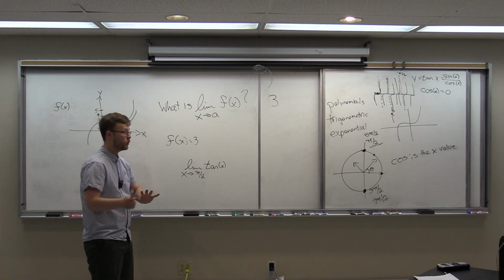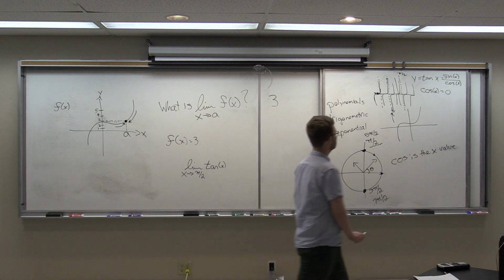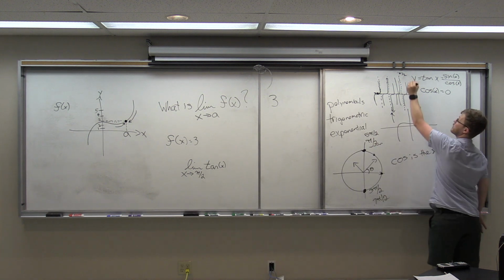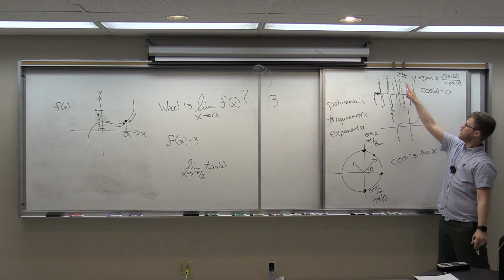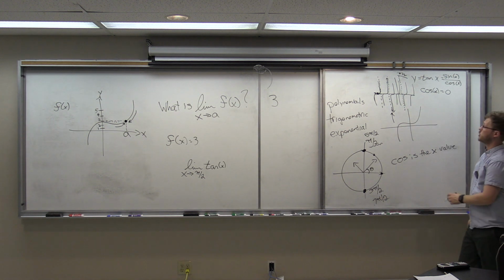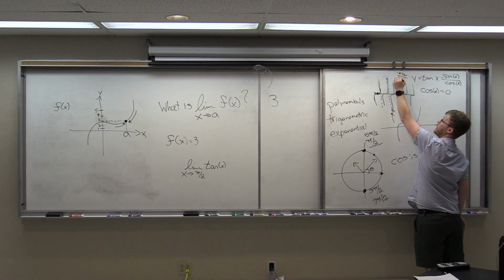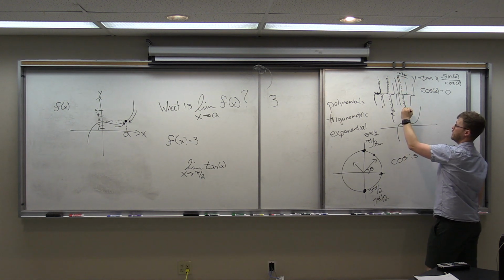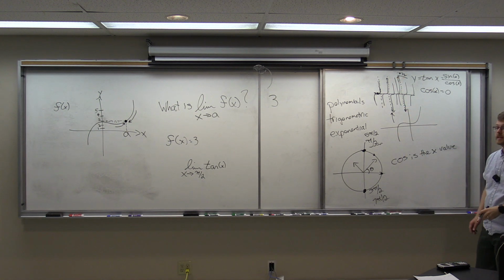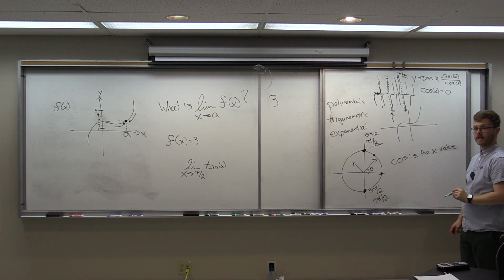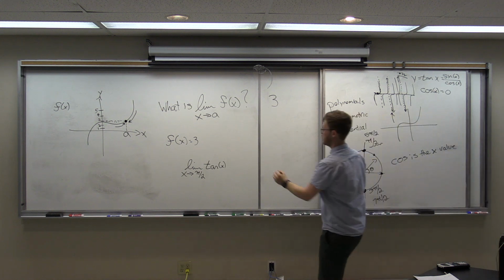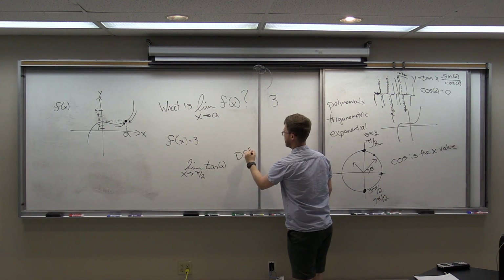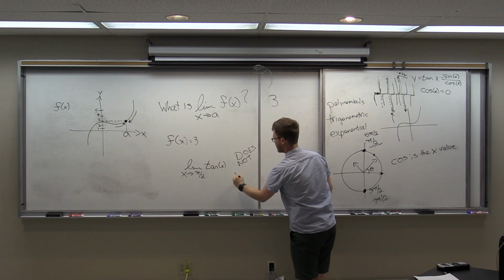You would look on the left, you would look on the right. So let's go to x equals pi over 2. That's right here. And we can see, uh-oh, there's a problem. It's this weird dashed line that I've written to show that this side's going up and up and up, and this side's going down and down and down. Clearly, that limit does not exist. There is no single point that you can point out and say, the function is approaching that. So this limit does not exist.